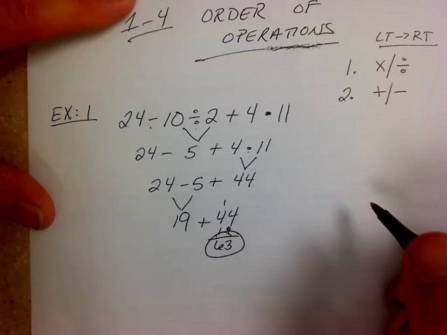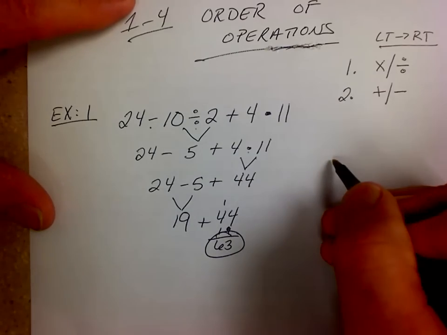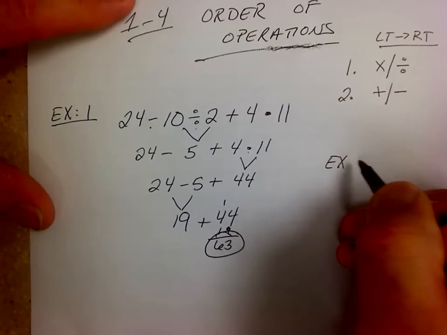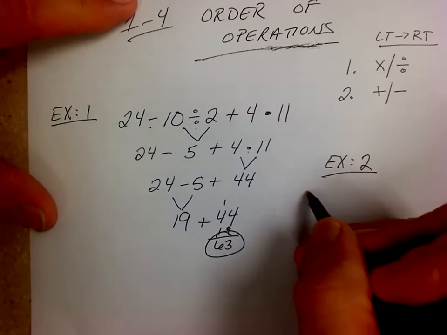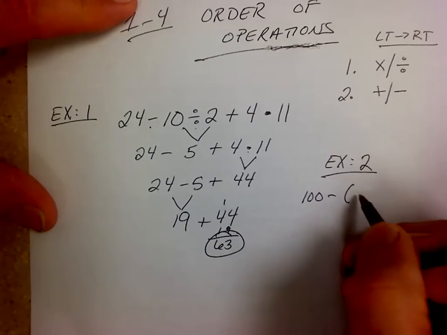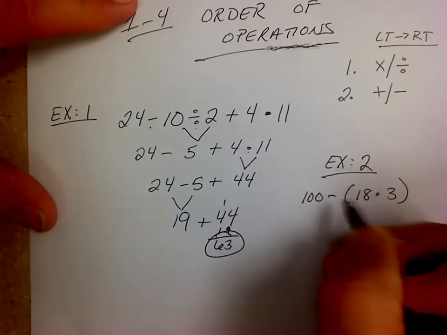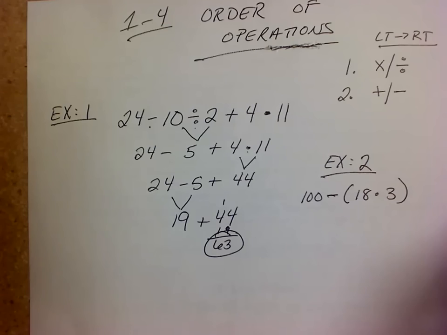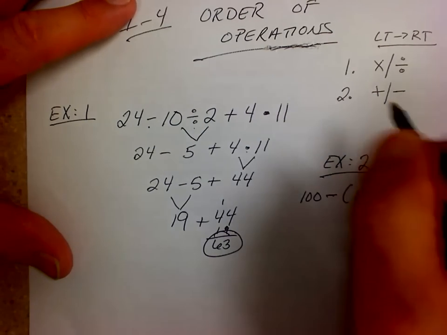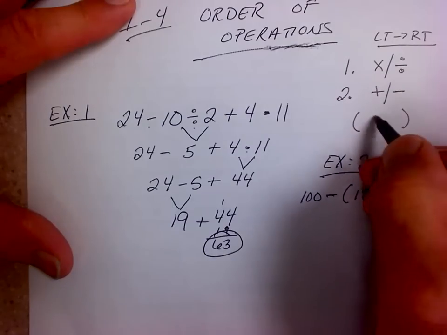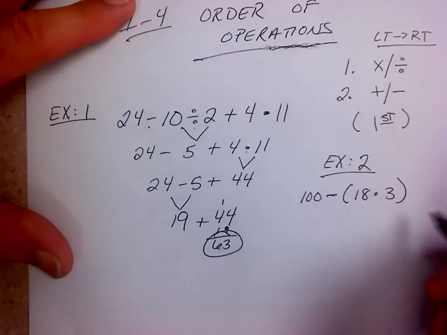Okay, now the next case that we may run into could be something along the lines of 100 minus 18 times 3. Now the big difference here in this problem is that we see parentheses. So remember the rule with parentheses, they always are done first, regardless of which operation you may see. We always take care of the parentheses first.